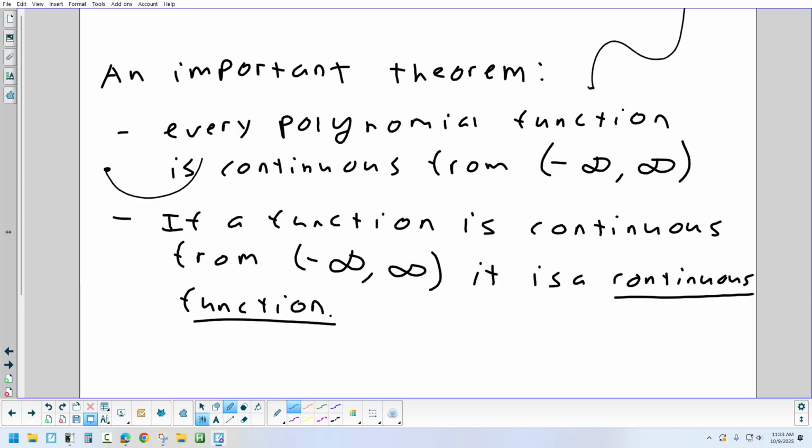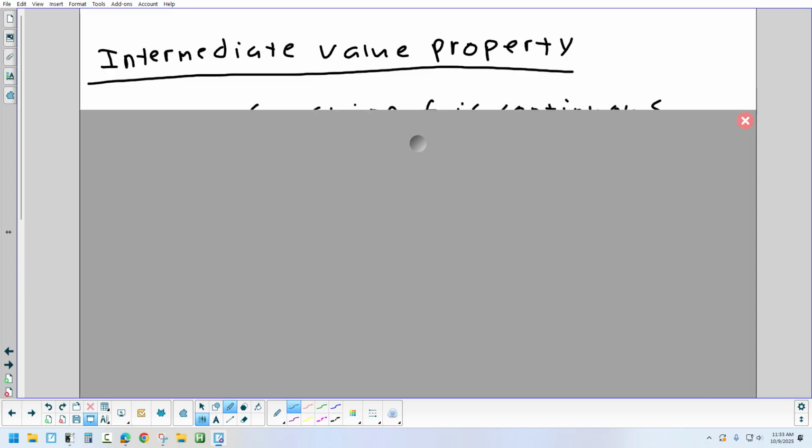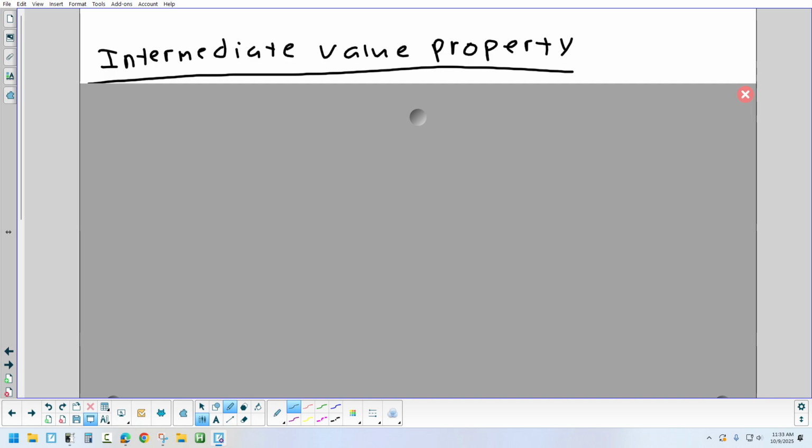So we're going to look at intermediate in terms of numbers. If I had a pot of water at 70 degrees, like room temperature, and I start to boil it, it gets all the way up to 212 degrees. It started at 70, and when it gets to boiling, it's at 212.